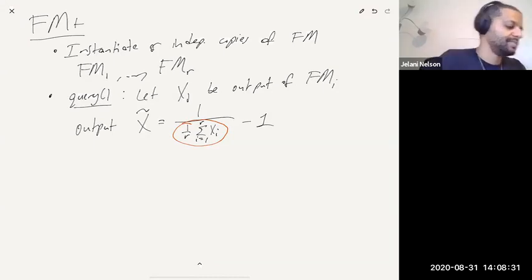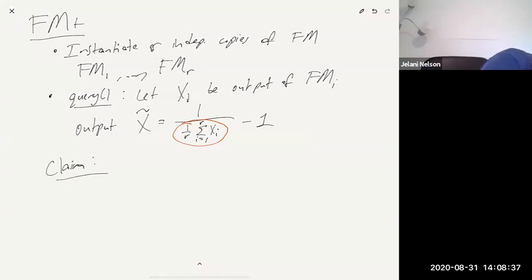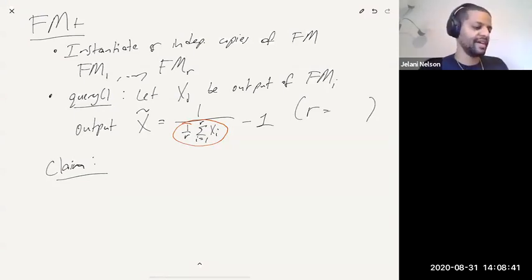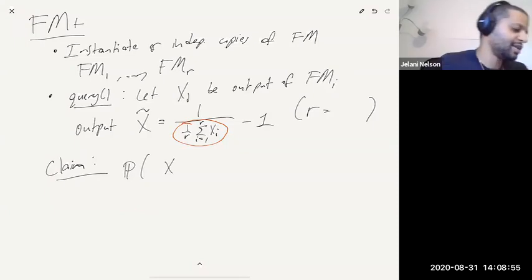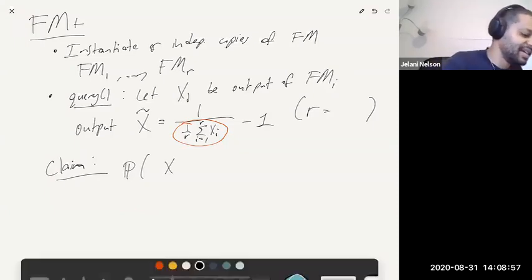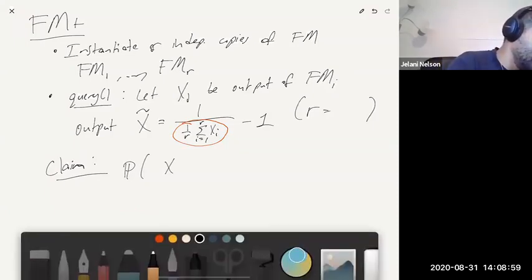So the claim is that this works. We have to set R. We're going to set R in a moment, not yet. The claim is that the probability that x tilde, or I shouldn't call this x tilde because it should be called t tilde because it's an estimate of t, not an estimate of x.